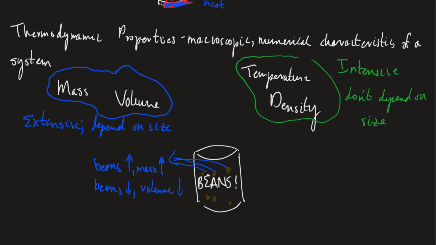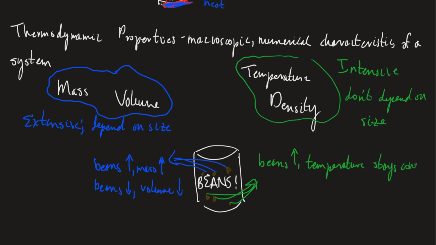However, if we take some beans and we increase the number of beans, the temperature, as long as all the beans are at the same temperature, will stay the same.